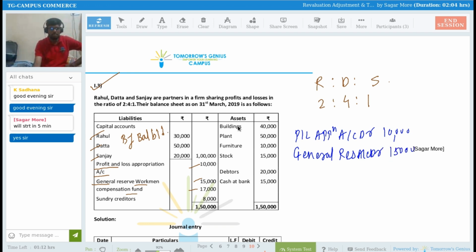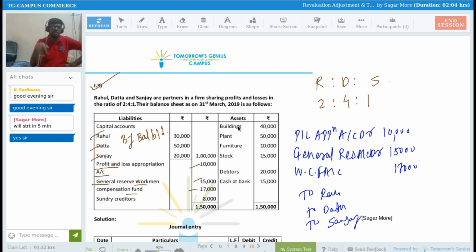Then workmen compensation fund account, 17,000 rupees. And you have to transfer this towards all partners' capital accounts: to Rahul's capital account, to Datta's capital account, and to Sanjay's capital account. After passing the journal entry, you write it down on the credit side of the partners' capital account: by profit and loss appropriation, by general reserve, and by workmen compensation fund.